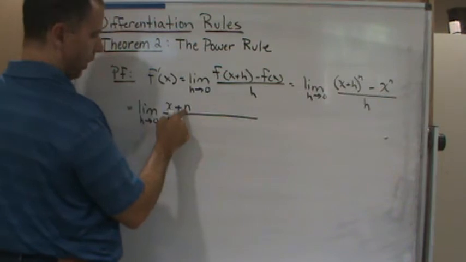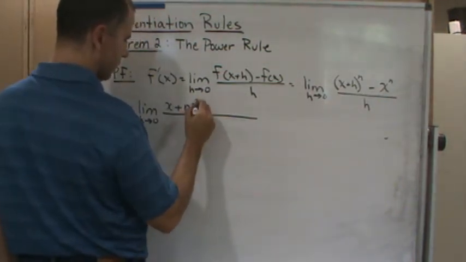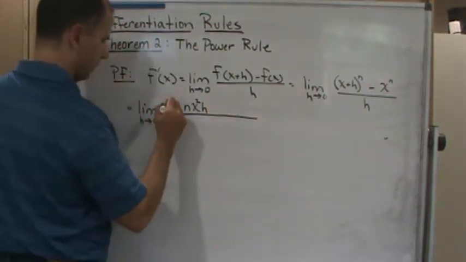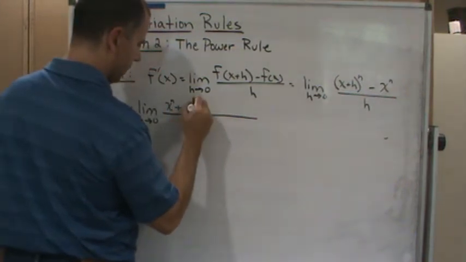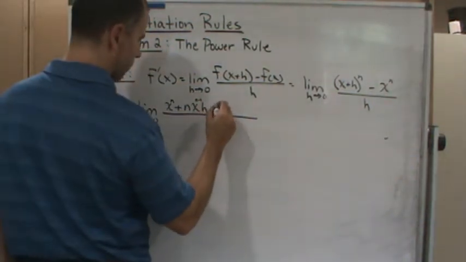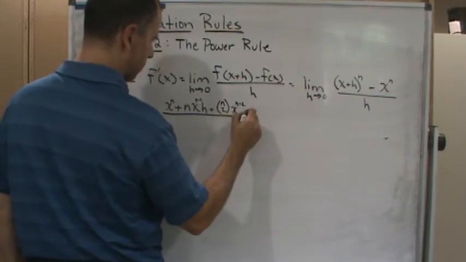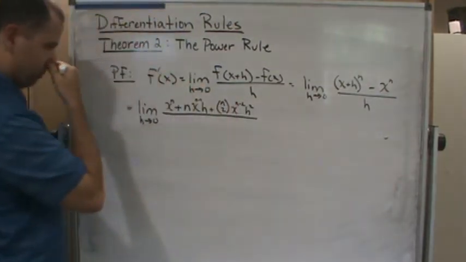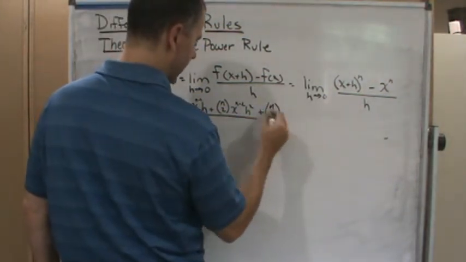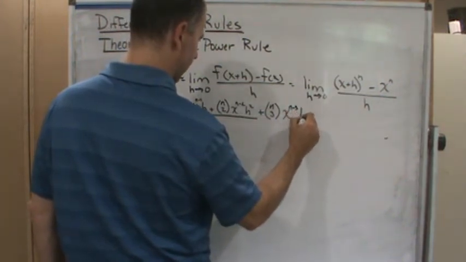So there's n choose 1, which is n, and then we get x to the n minus 1 times h. And then this is going to be n choose 2, x to the n minus 2, h squared. Plus, then it's going to be n choose 3, that combination, times x to the n minus 3 h cubed.